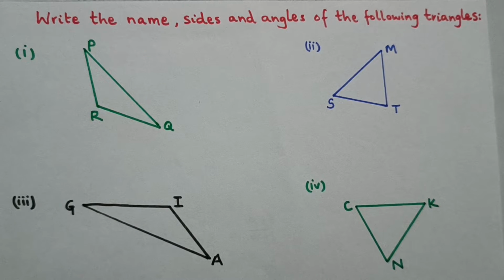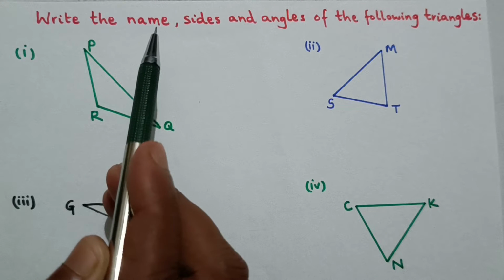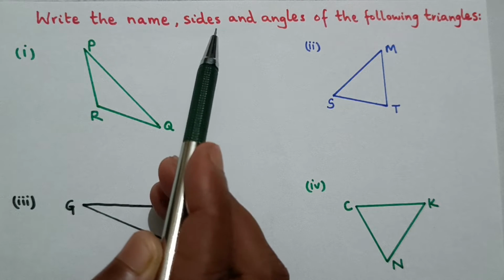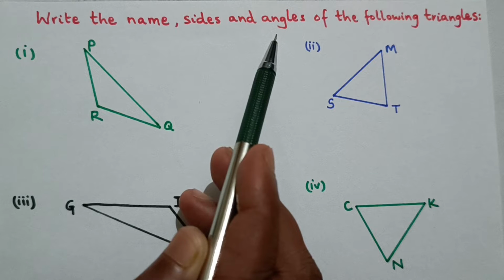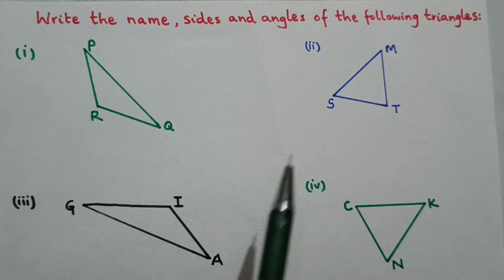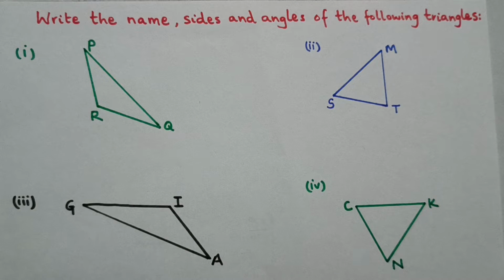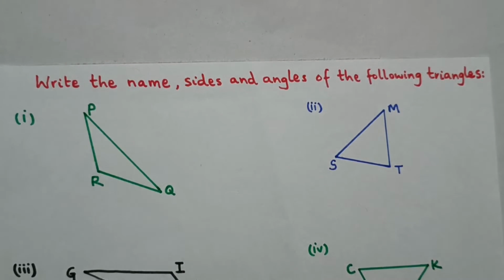Welcome. In this video, we have to write the name, the sides and the angles of these four following triangles. So let us start with triangle number 1.